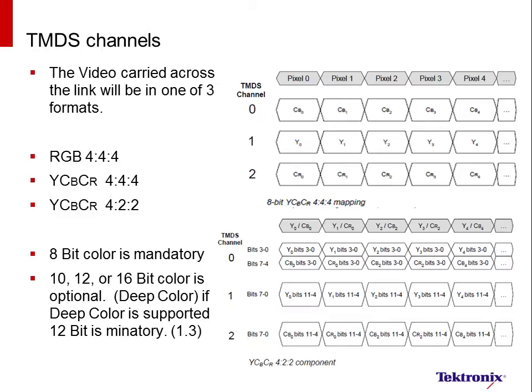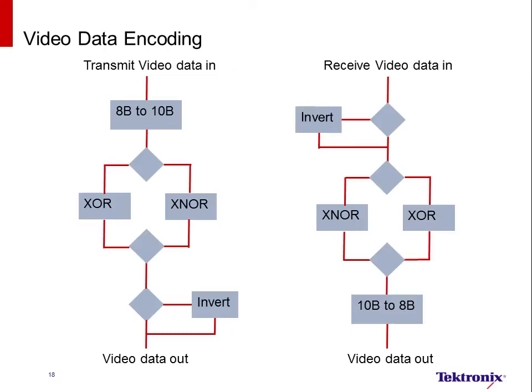Also, HDMI has the ability to support 8-bit, which is mandatory. It can support 10-bit, 12-bit, or 16-bit deep color if needed. Part of the video data encoding consists of taking the 8-bit transmitted video, presenting that to an 8B/10B lookup table, and converting the 8 bits of video data to a specific 10-bit word via a lookup table.